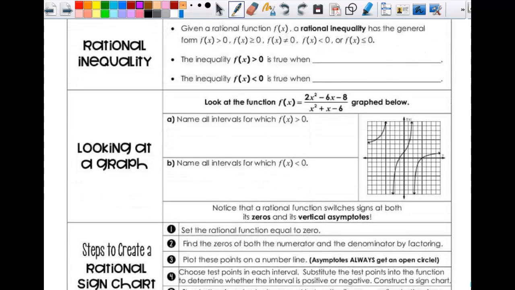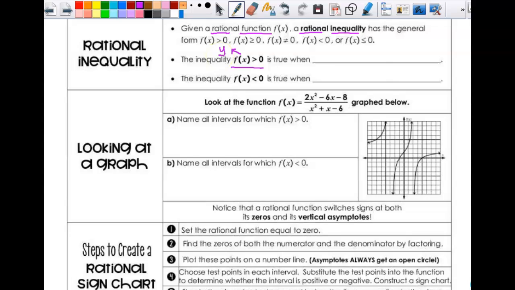All right, so let's look at the inequalities. This is almost word for word what it was for polynomials, except it says rational function instead of polynomial function. So if you have a rational function, you can have a rational inequality, general form, greater than or equal to, not equal to, less than or equal to 0, and all of those. So the inequality, if I have f of x is greater than 0, what does f of x always represent?